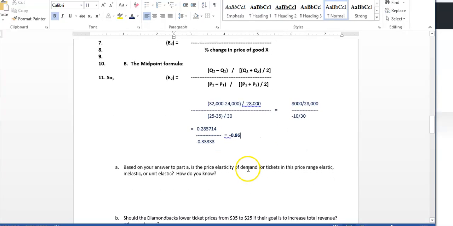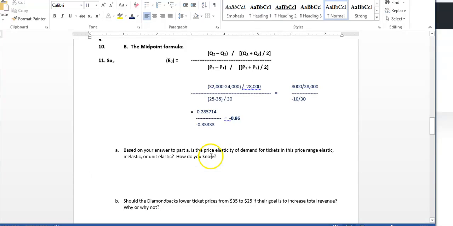So what does that mean then? That means our elasticity in this price range, demand for tickets is inelastic. How do we know that? The absolute value.